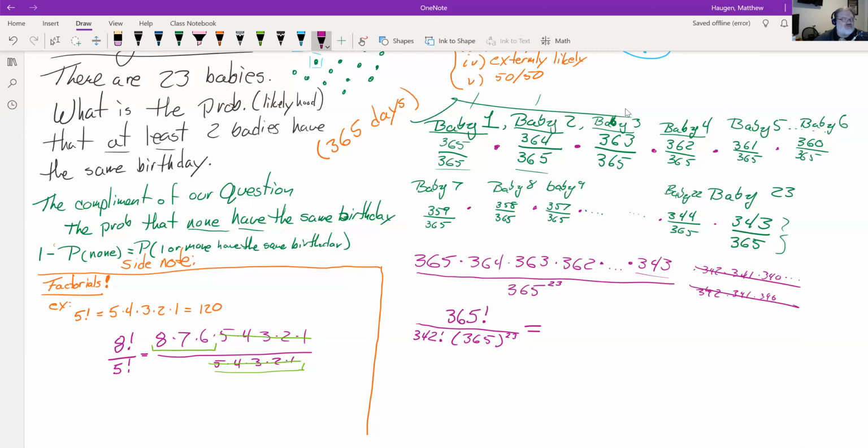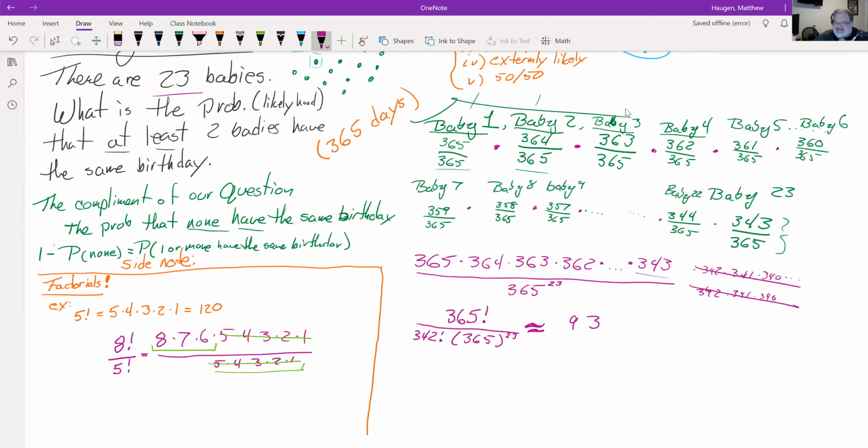That would take you decades, if not lifetimes, to calculate out. But the surprising result is that for 23 babies, this equals roughly 0.493.